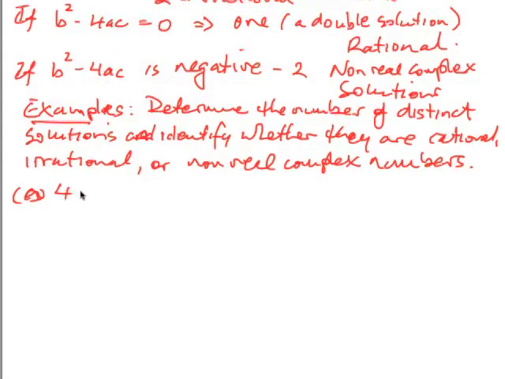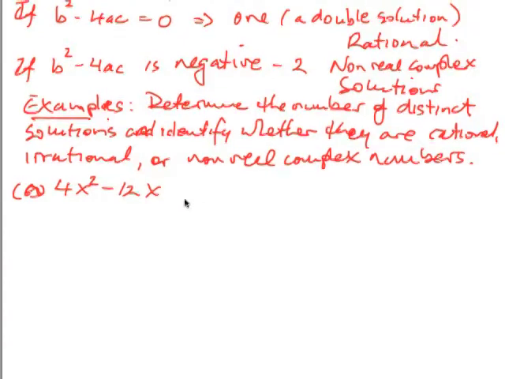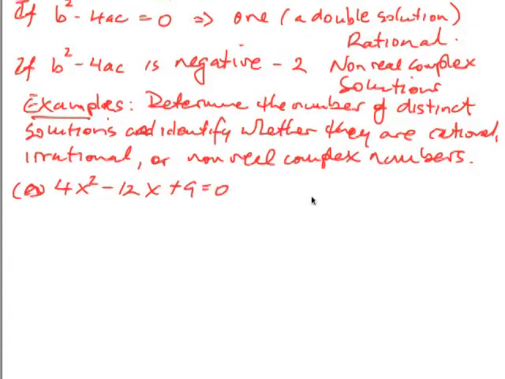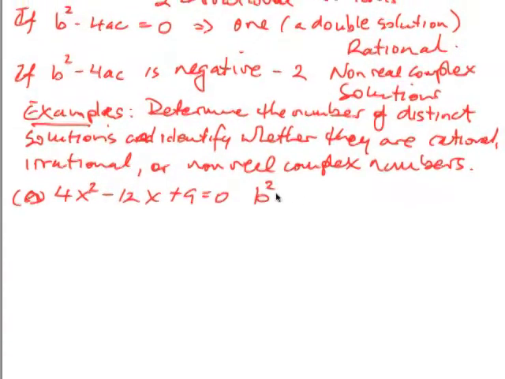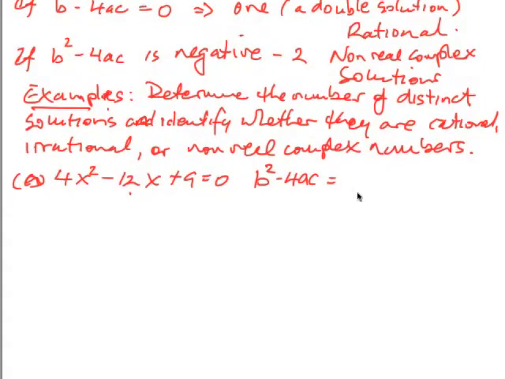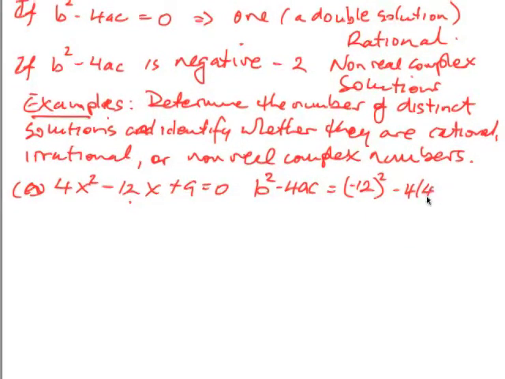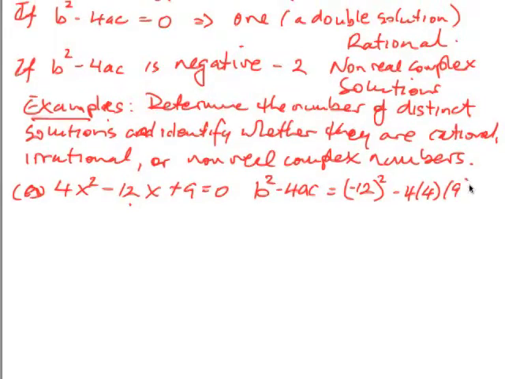Right, part A. Let's suppose I have 4x squared minus 12x plus 9 equals 0. Well, what's my discriminant? My discriminant, b squared minus 4ac, is going to be, b is here, so it's negative 12 squared minus 4 times a times c.